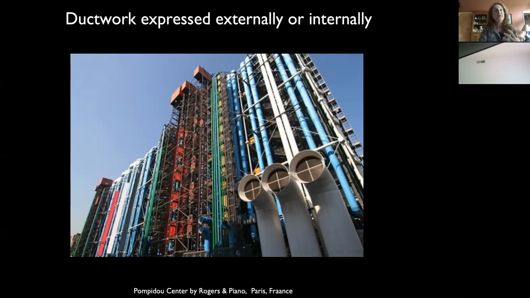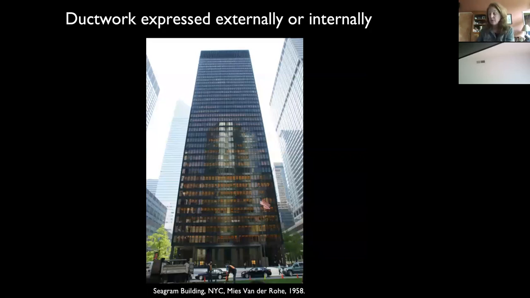So you can intentionally try to expose and reveal the system, or you can intentionally try to hide everything. And the Seagram building by Mies van der Rohe in New York was one of the classic early examples of trying to hide everything. You could do it either way. It's an aesthetics decision that's up to the design team.